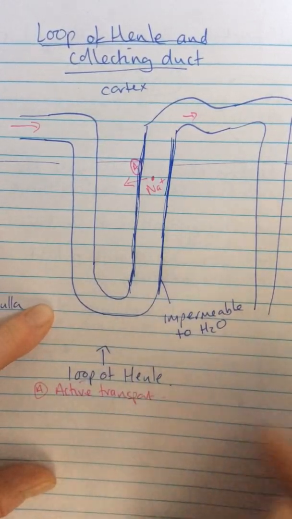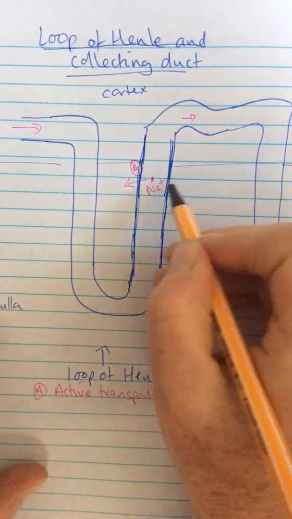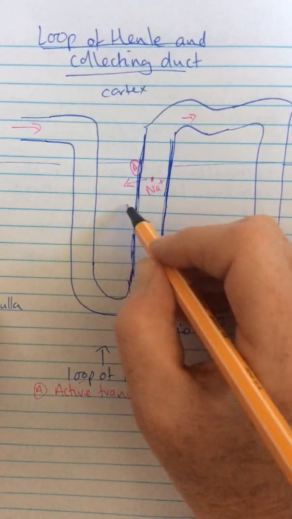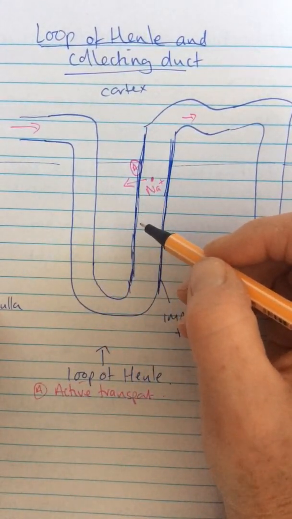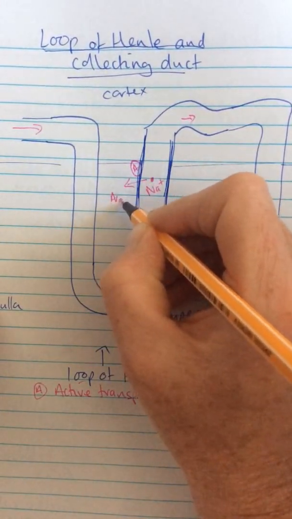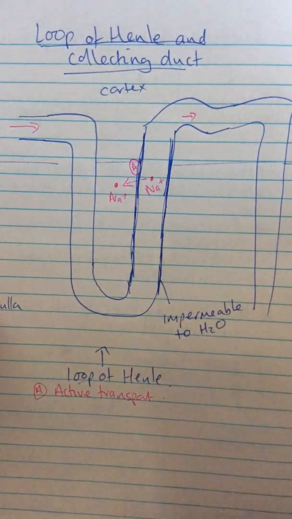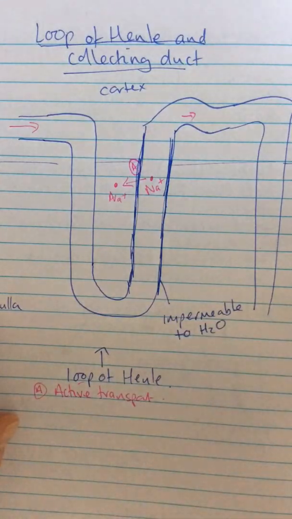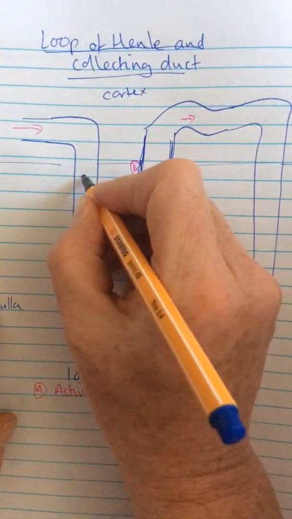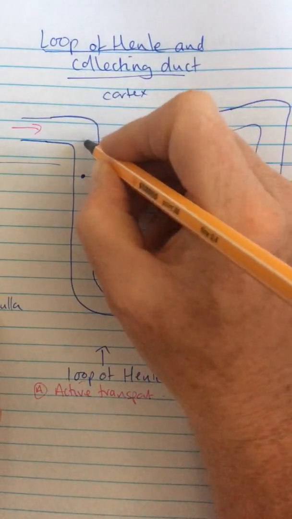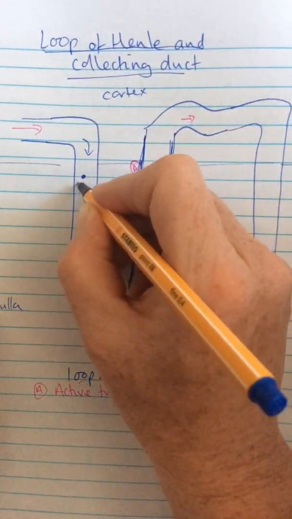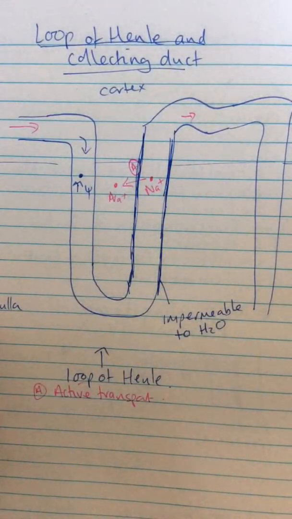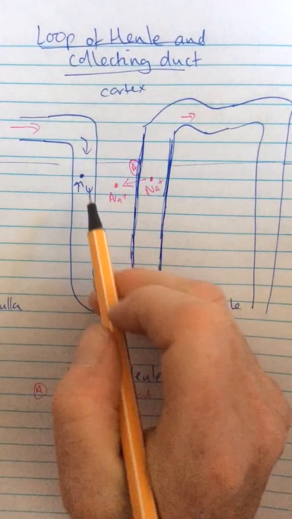So sodium ions are actively transported out of the ascending limb of the loop of Henle into the medulla, okay, which is obviously going to make it pretty salty in there, okay. The water, if you think about what's going on here, water coming down, it was a relatively high water potential in the descending limb, because not much water's left, so we've got lots of water here.